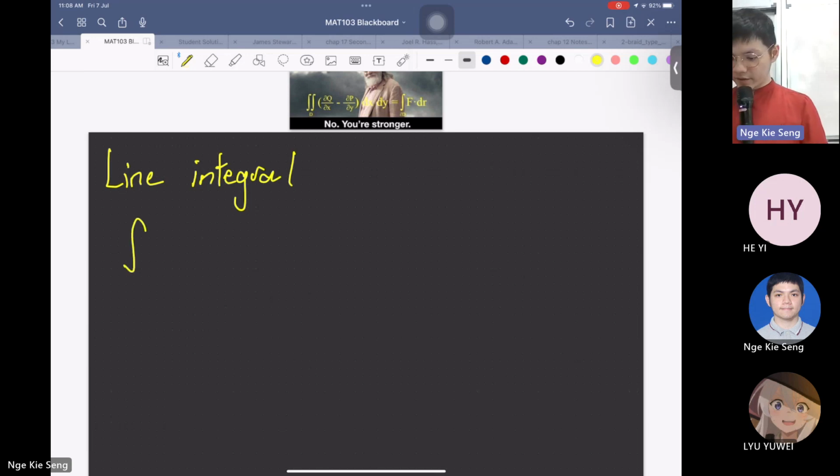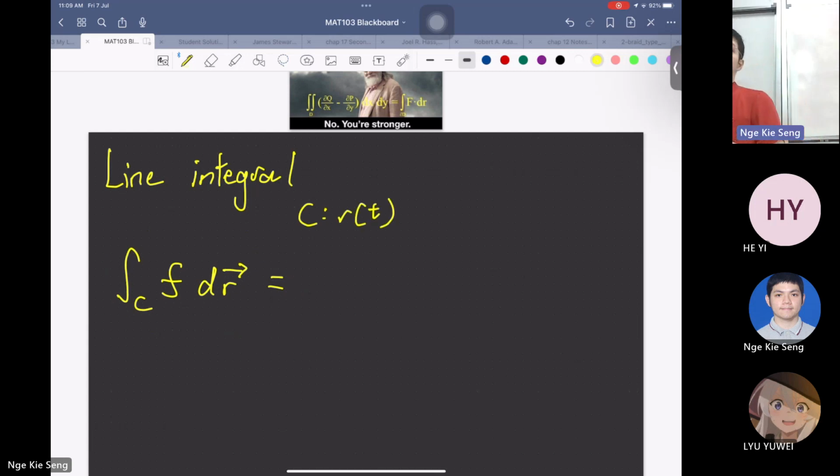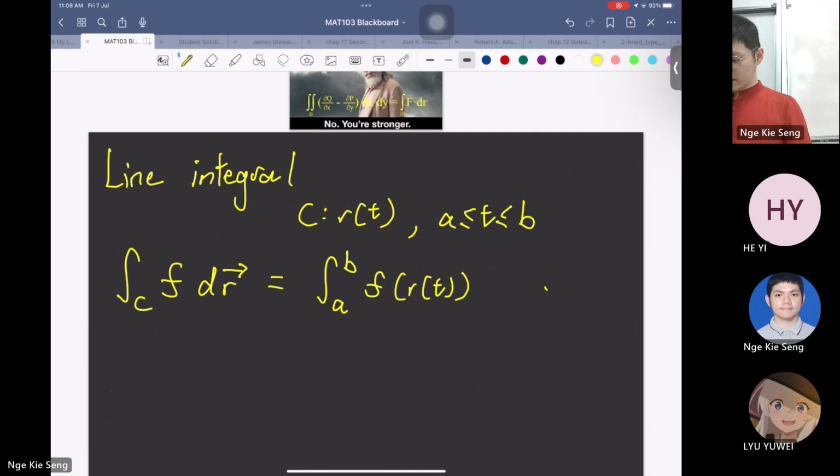If you want to compute a line integral, you need to first parameterize your curve. You will write your curve C in terms of some function r(t), and this t should have a starting and ending point, let's call them a and b. Then we can replace the integral by the integral from a to b of f applied to r(t) dt. What else do you need?